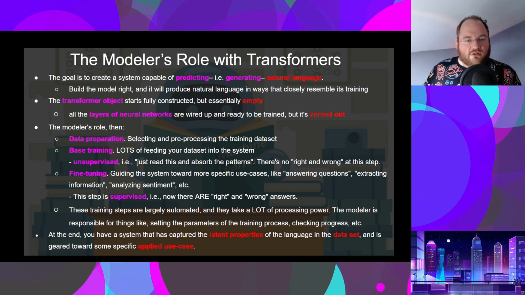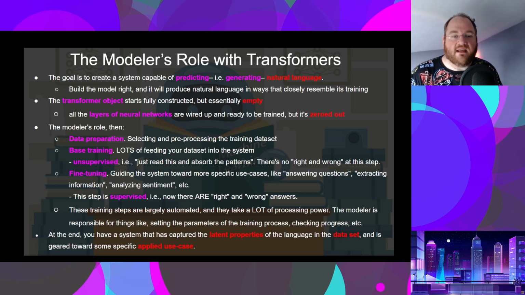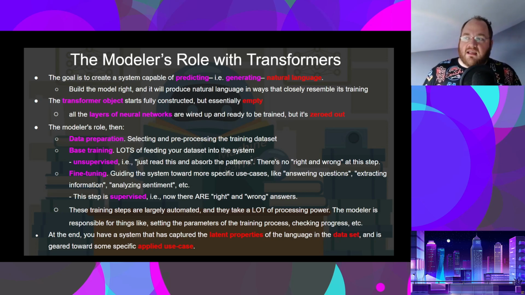This is where the modeler comes in, and we're going to provide it data and train it quite a bit. Data preparation is one of the roles the modeler has: selecting and pre-processing the training data so that it's in a good form and ready to be fed into the transformer architecture.